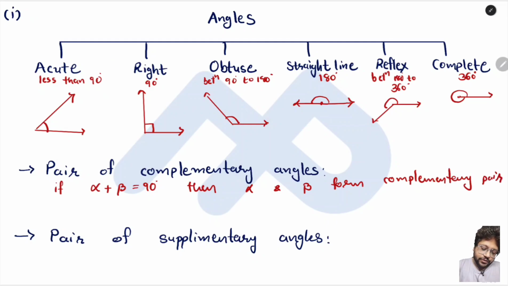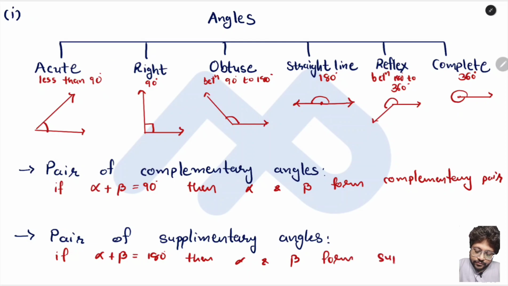And a pair of supplementary angles means two angles whose sum is 180 degrees. So alpha plus beta is equal to 180, then alpha and beta form a supplementary pair. Clear? So supplementary is total 180 and complementary is total 90 degrees. I hope this is clear.